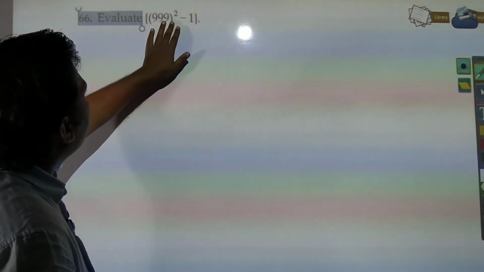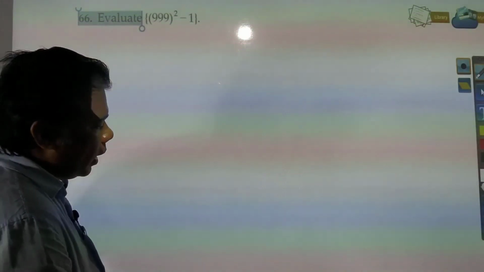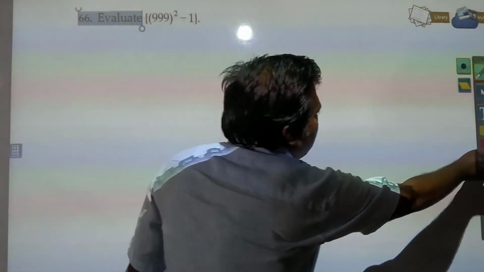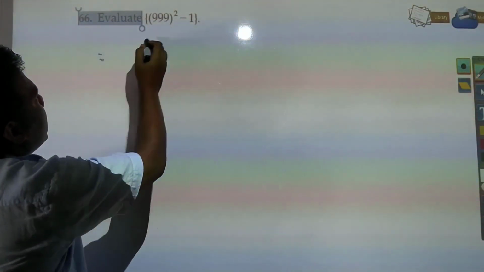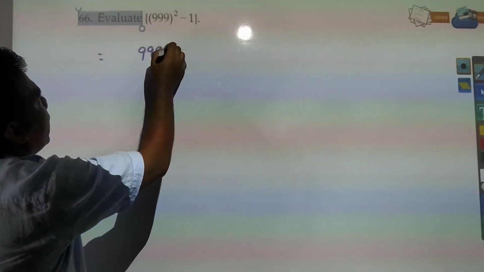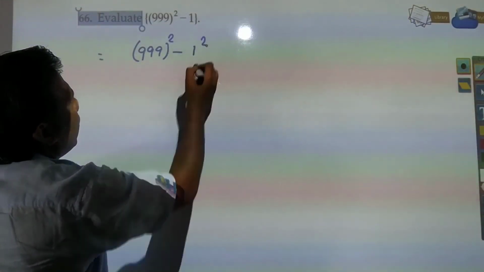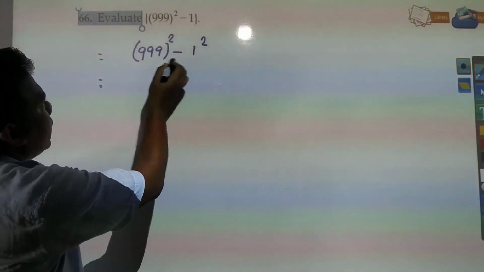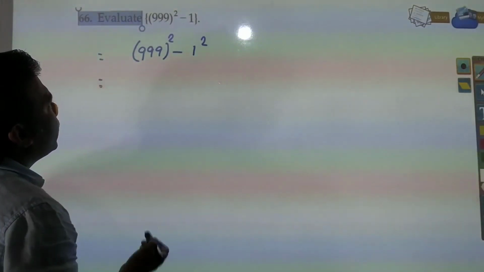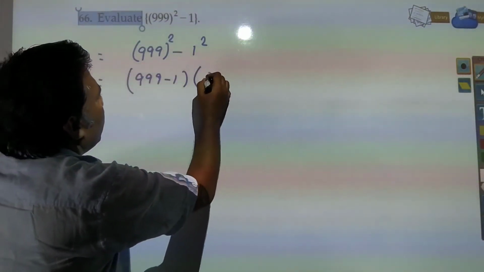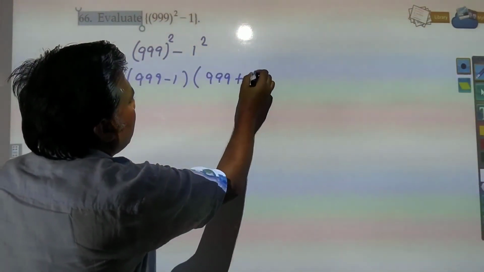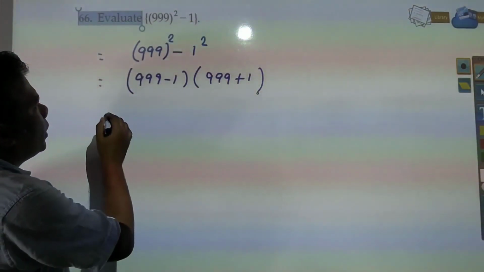Next we have: evaluate 999² − 1, and this will be your last question. Here you see, this can be written as 999² − 1², which is in the formula a² − b², so it can be written as (999 − 1)(999 + 1), that is (a − b)(a + b).